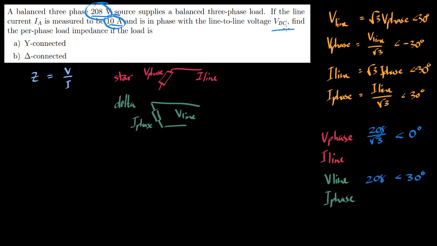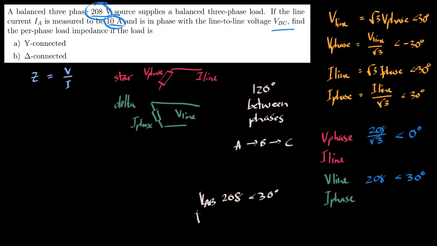Luckily, we know that all phases are offset by 120 degrees. We also know that VBC will lag VAB. Therefore, if our VAB is 208 at an angle of 30 degrees, we know that our VBC will be 208 at an angle of negative 90 degrees.